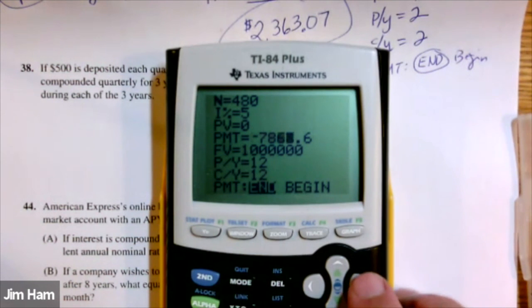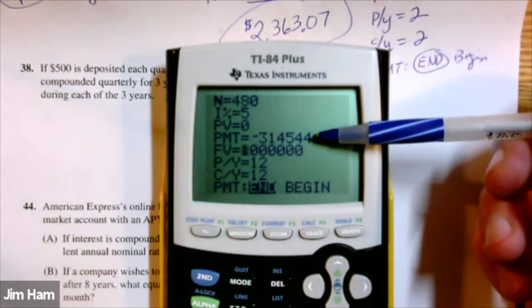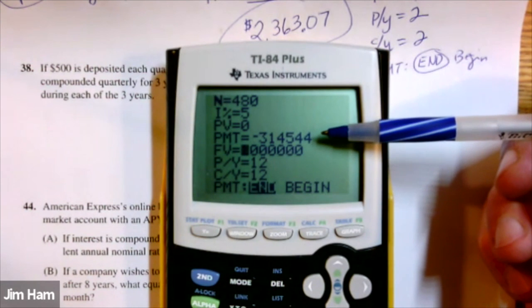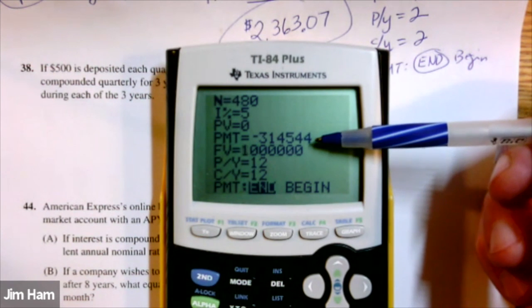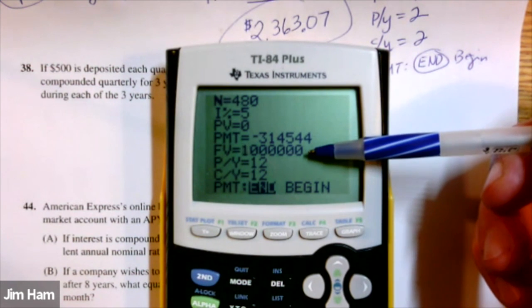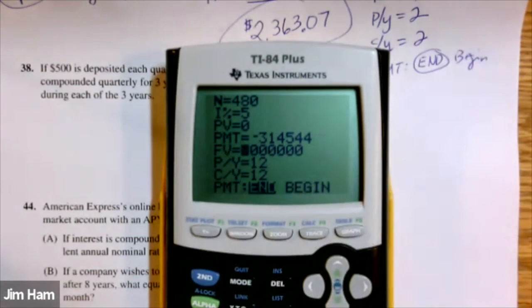And if there are 40 years, this is the total amount of money that you've invested. Congratulations. It's a nice amount of money. But look what it has grown to. $1 million. You put $314,000 away.